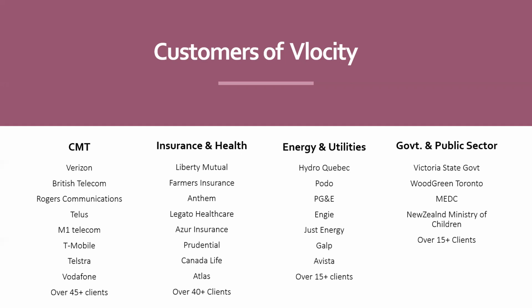So in the Anthem scenario, a broker will have access to the Vlocity application. He will be getting some requests by email, or through a phone call, and he will be purchasing one of the insurance packages.